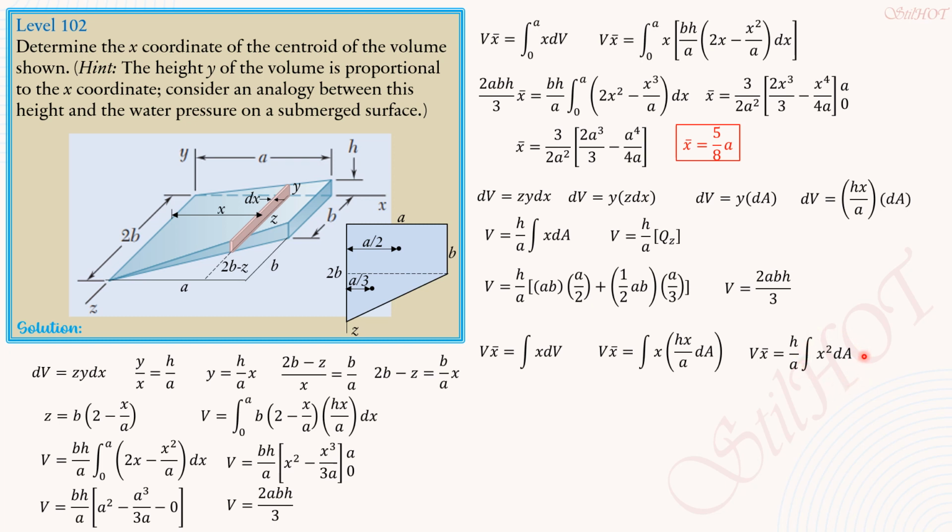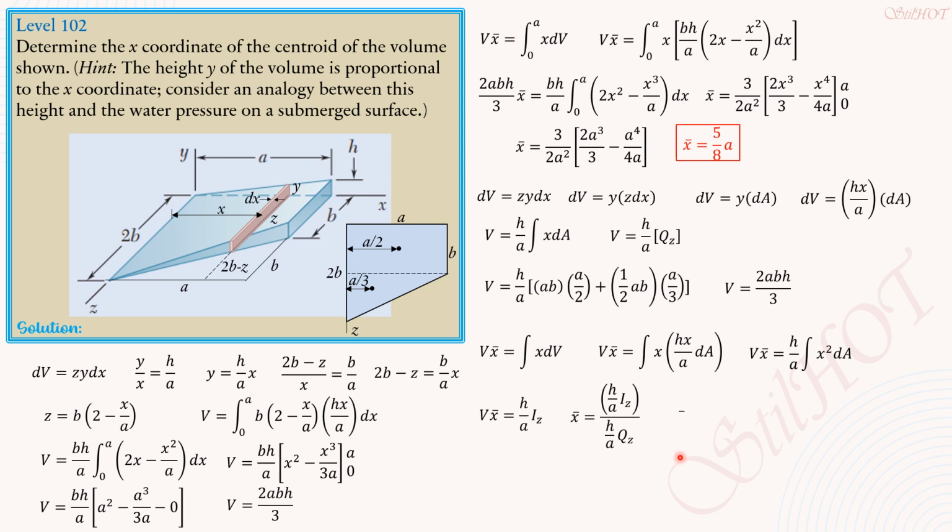And this expression, the integral of x squared dA, is the second moment of area, the moment of inertia with respect to the z-axis. So we replace this by Iz. Volume times x-bar equals h over a times Iz. Then x-bar is h over a Iz divided by volume, which is h over a Qz.